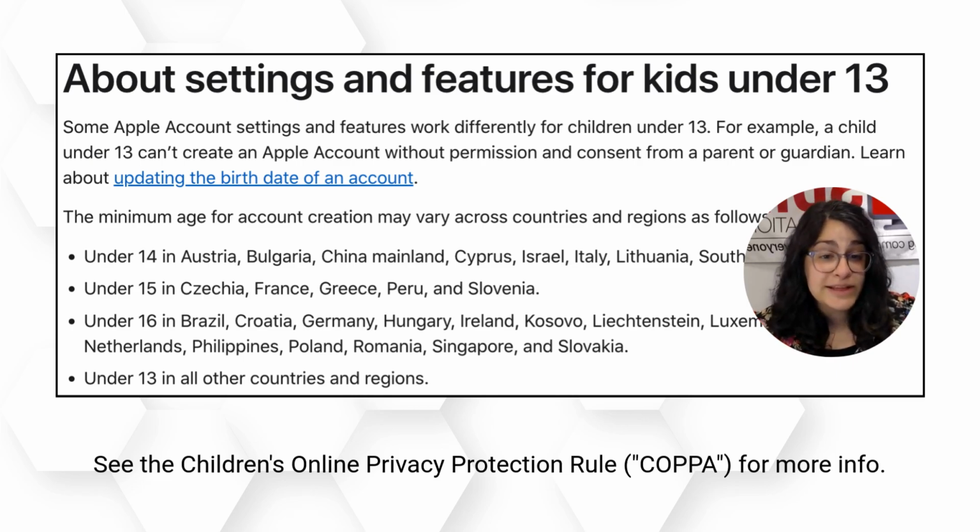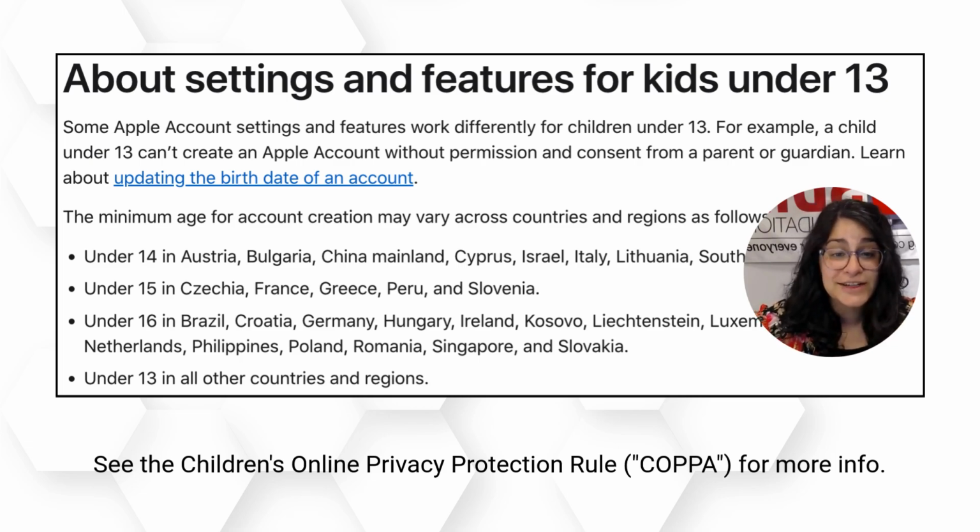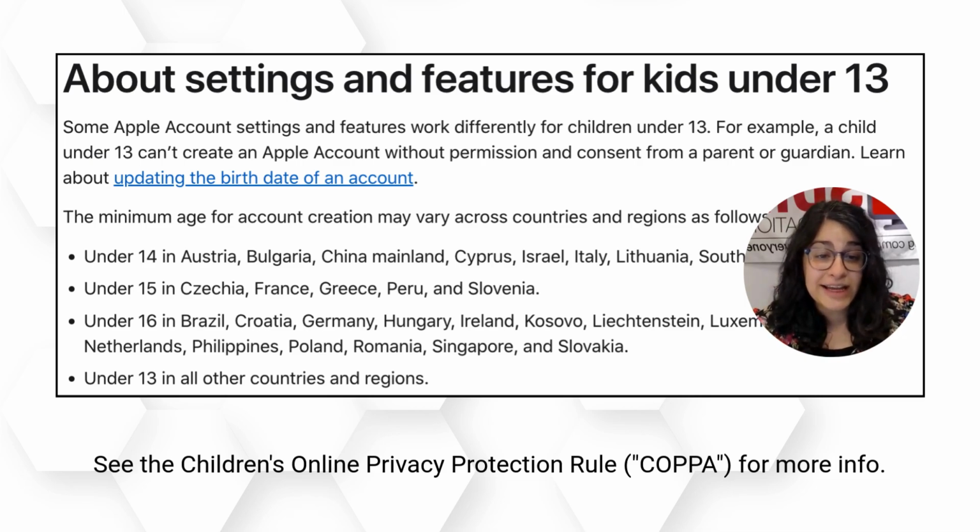But keeping that in mind, after 13, legally, companies are not obligated to distinguish what account is a child account. And these companies are here trying to get our attention, get our eyeballs. So after 13, they're probably going to be making devices and apps as appealing as possible and addictive as possible.